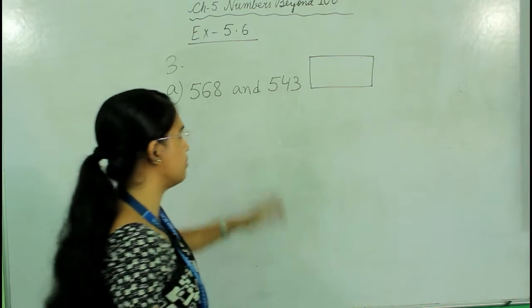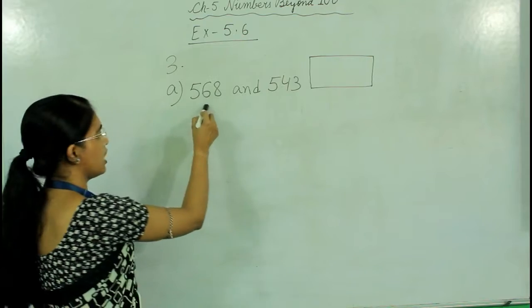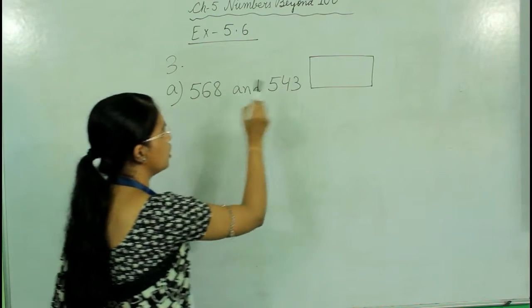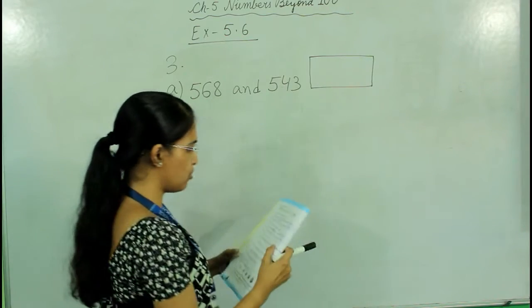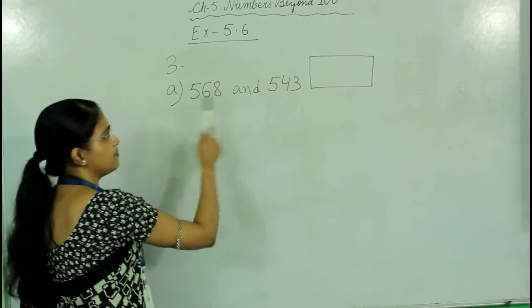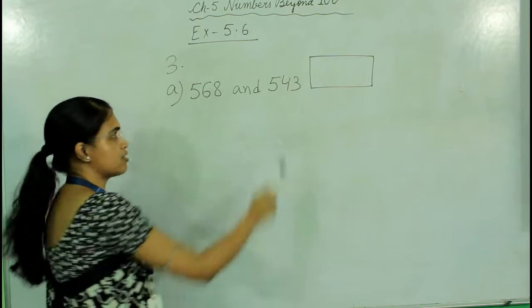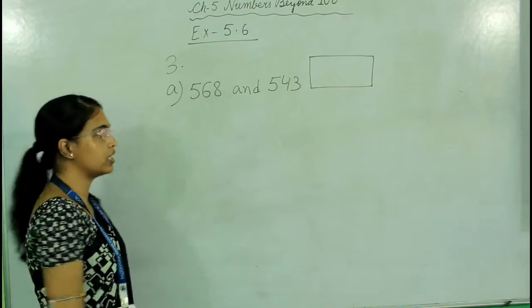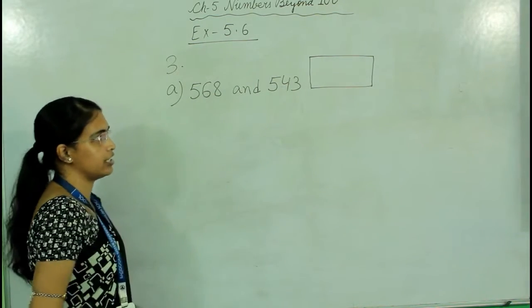Predecessor means the number before. So 568 and 543. Which one is the smaller number among these two numbers? Yes, 543 is smaller than 568, right?